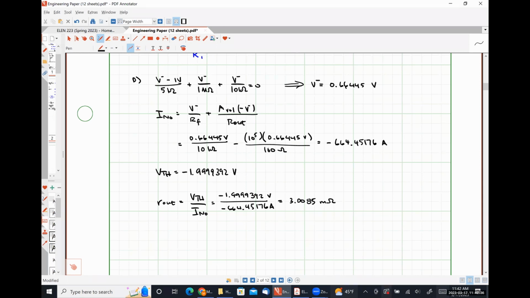And you'll see that it's a trivial amount of error, because for all intents and purposes, anytime we have a negative feedback op amp system, it's effectively going to behave like an ideal amplifier. Even if our voltage gain is only 1,000 or so, instead of hundreds of thousands or millions.